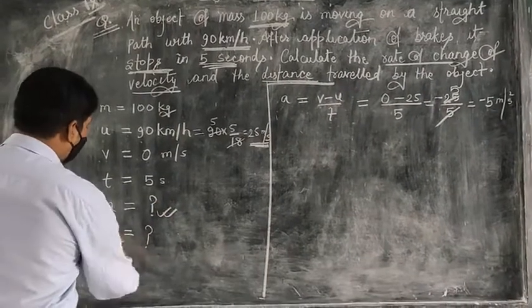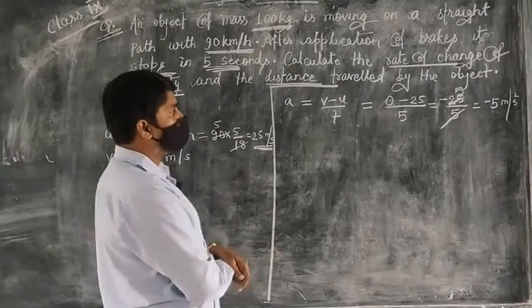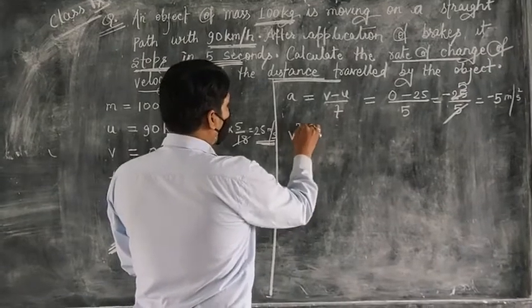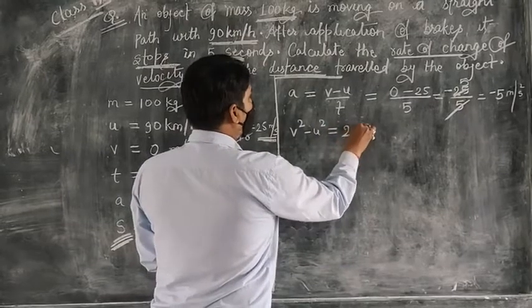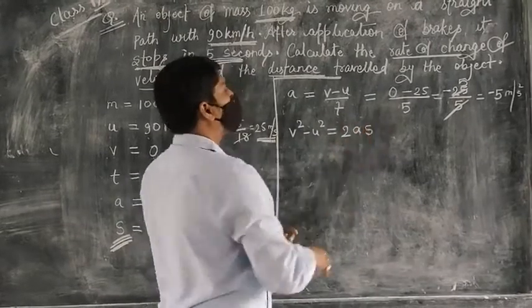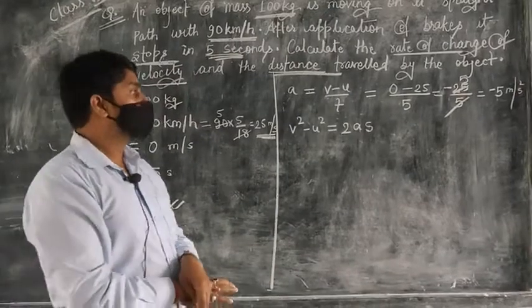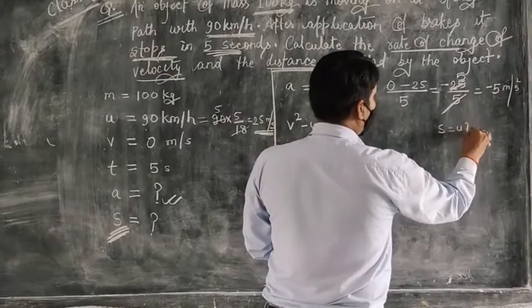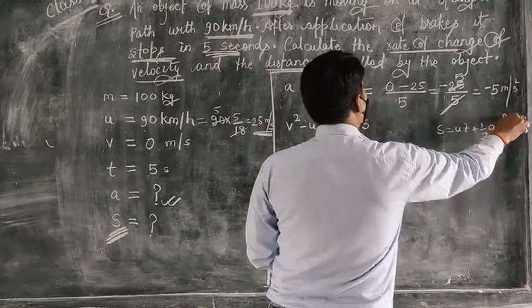Now it's time to find out the value for s, that is displacement or distance. So we write v square minus u square is equal to 2as, because of the third equation of motion. We can also write s is equal to ut plus half at square.